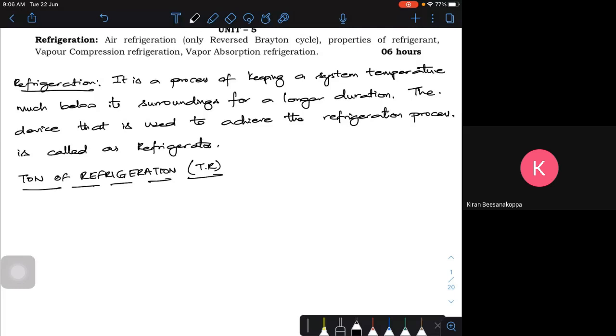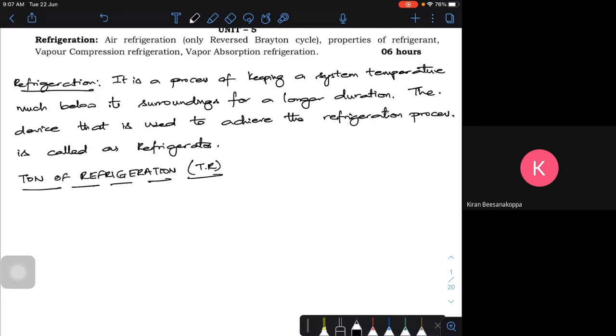But ASHRAE, the American Society of Heating, Refrigerating and Air-Conditioning Engineers, redefined it. They said that 1 ton is not actually 1000 kgs, it should be 906 kgs. They did a lot of calculations, and the definition is similar to what was earlier accepted by most refrigeration engineers.